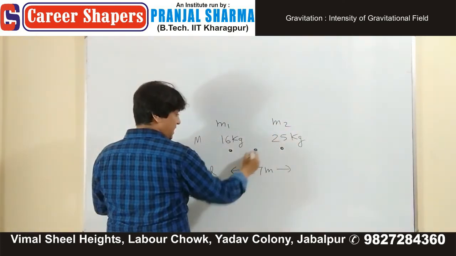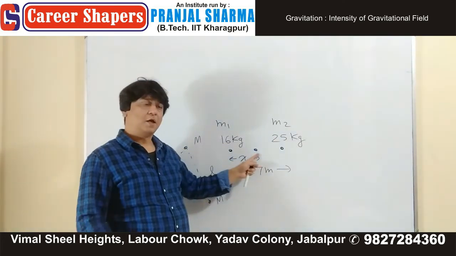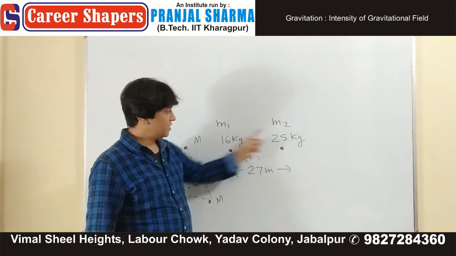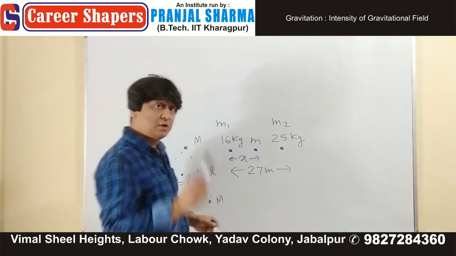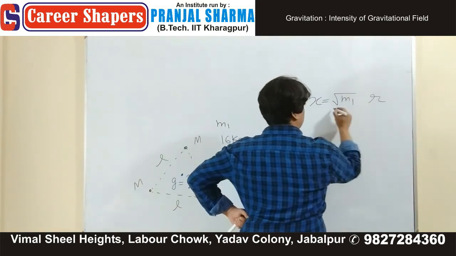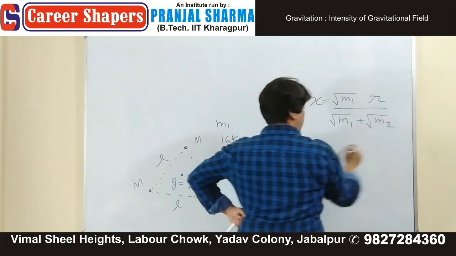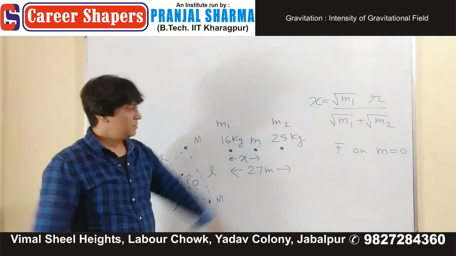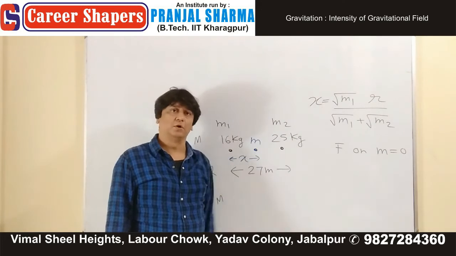At some distance x from 16, if we place a mass m, something which we have done in the previous lecture, between m1 and m2 at a distance of x, if you place m such that x is root m1 r divided by root m1 plus root m2, then force on m becomes 0. ये हमने किया हुआ है कि अगर इस m पर x पर रखोगे, force will be 0.